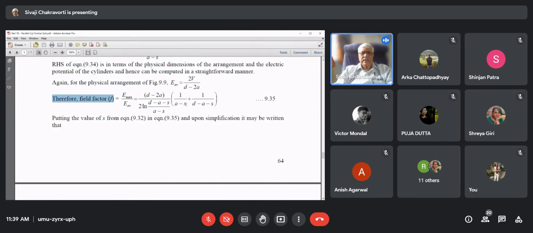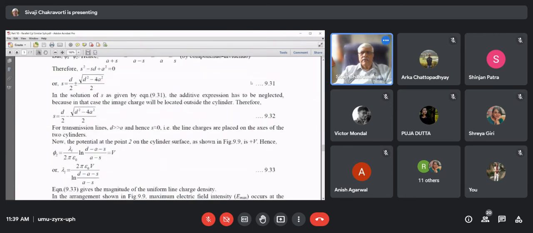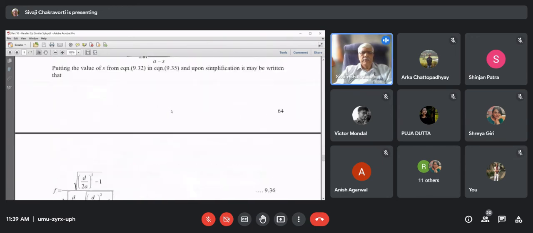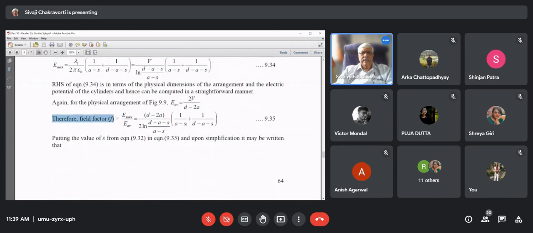Now, since it has the term S in it, and S in 9.31 on your screen is in terms of D and A, if I put the value of S, then this expression will become only in terms of D and A, that 9.35, where D and A are the two measurable quantities. That means which can be physically measured with the help of instruments.